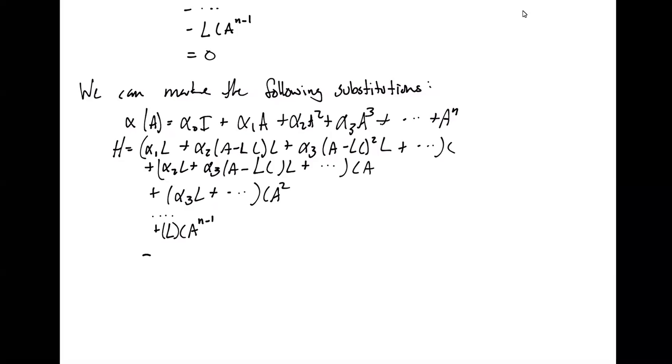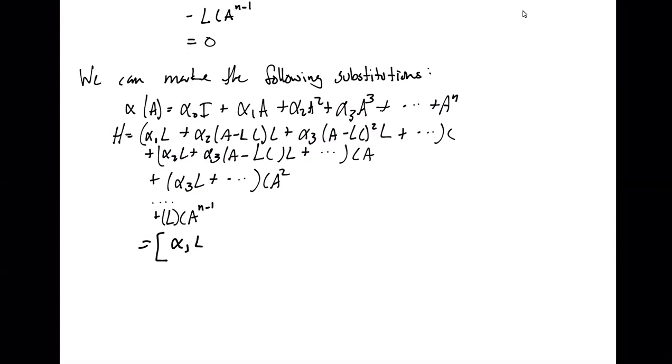So it turns out that we can split up H in such a way that we get it in matrix form. This will be alpha 1 times L. Let me do it this way, cleaner.